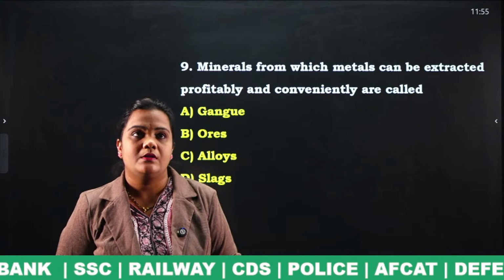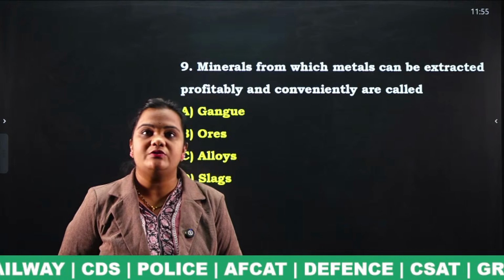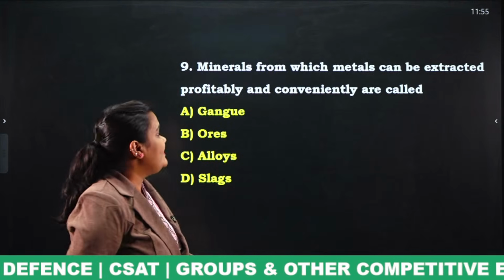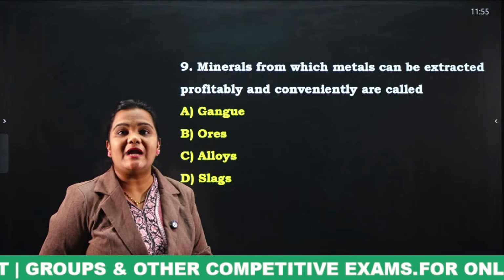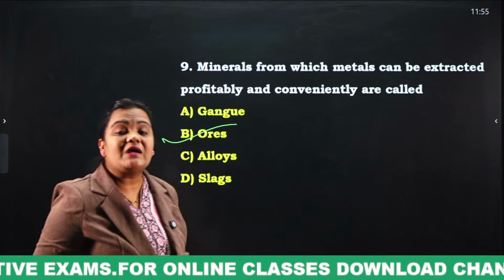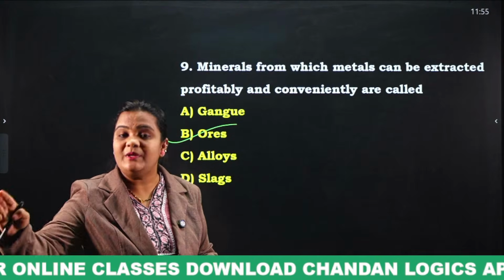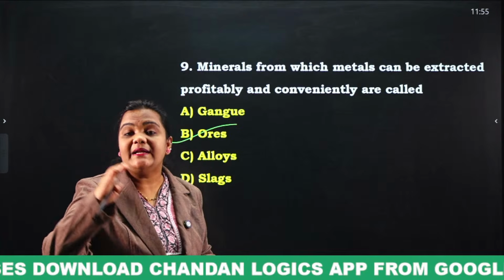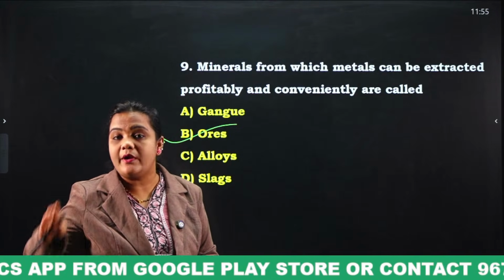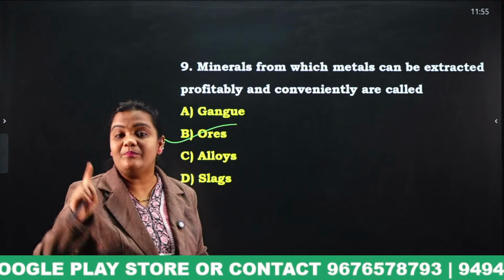I have explained about these also. Minerals from which metals can be extracted profitably and conveniently are called ores. Very good. For example, bauxite is an ore of aluminium and hematite is an ore of iron. Cinnabar is an ore of mercury. Very, very important.